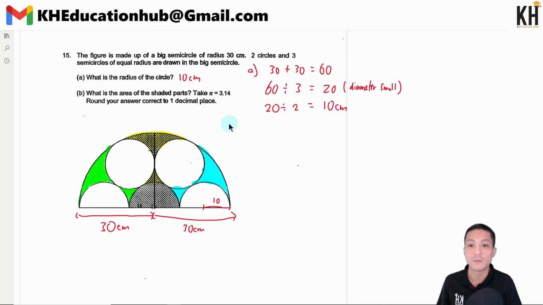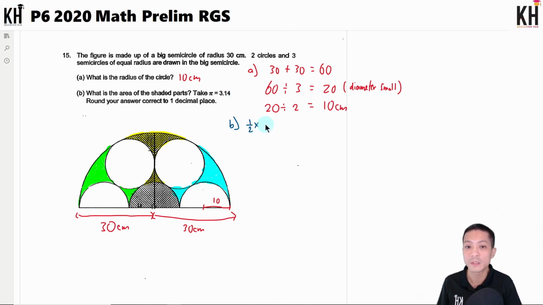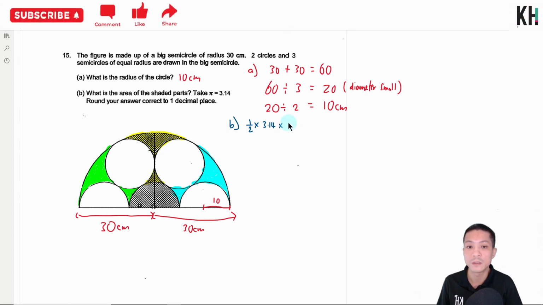So for part B, let's try to do the working here. Area of the big semicircle will be half times 3.14 times 30 squared.